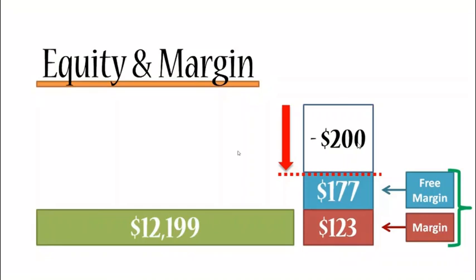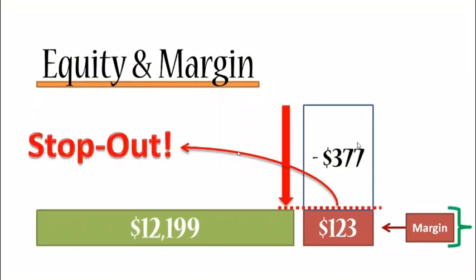It's going to deplete until it hits our margin, and then we will be stopped out of the trade, meaning that we will be stopped out before the trade goes through our margin and into the leverage.